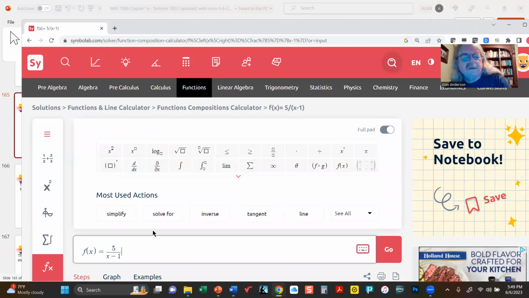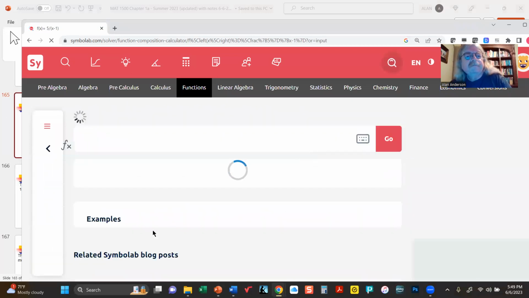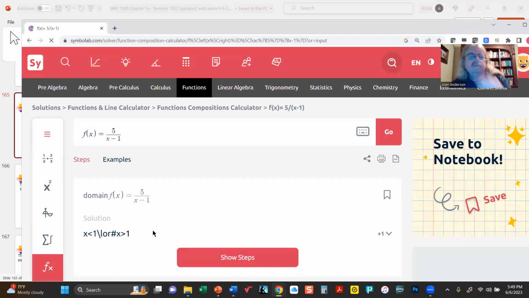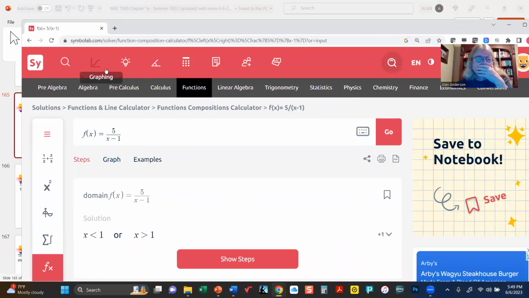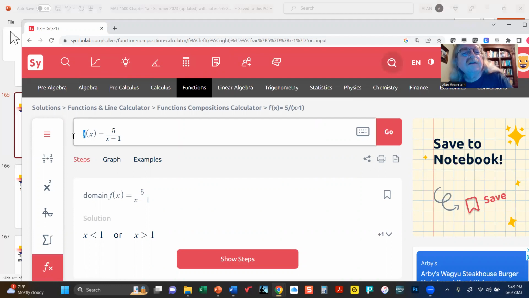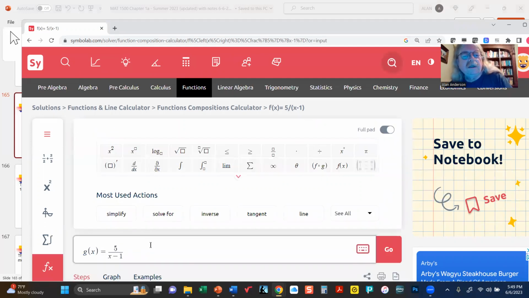I guess it doesn't matter. We don't need to see them both at the same time. g of x is 4 over 3x minus 2.